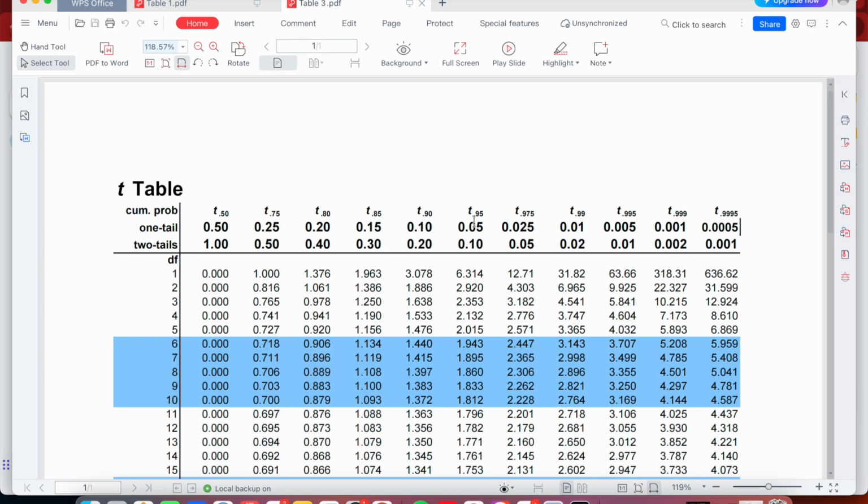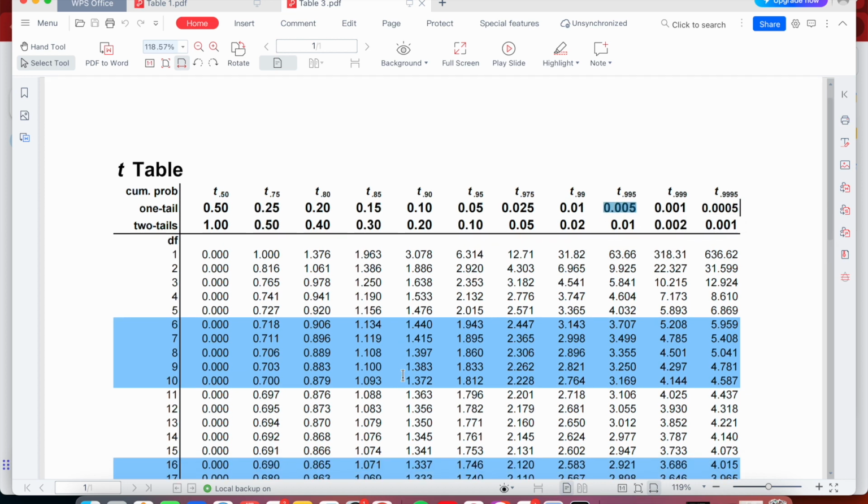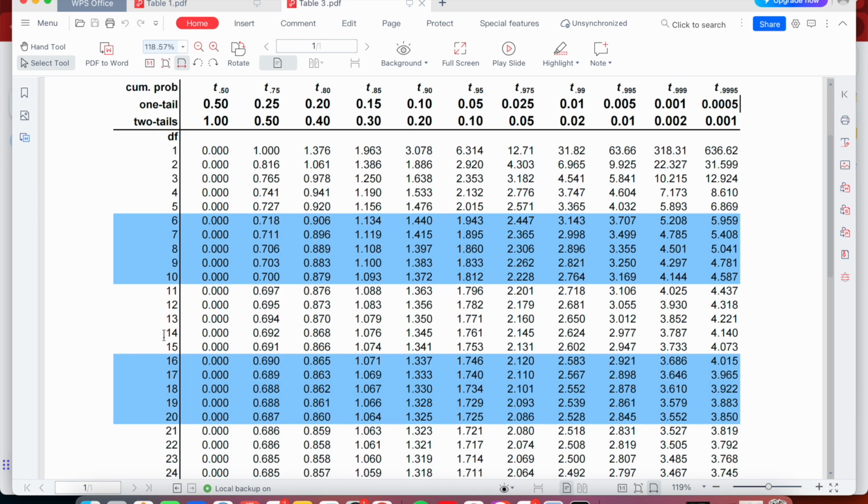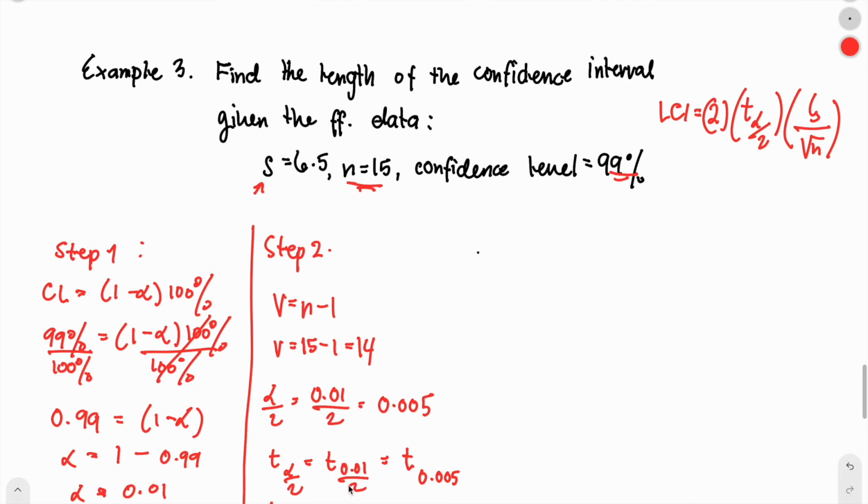We have t 0.005 here, and our v is 14. So the answer here for t sub 0.005 with degrees of freedom 14 is 2.977. Therefore, this is 2.977.